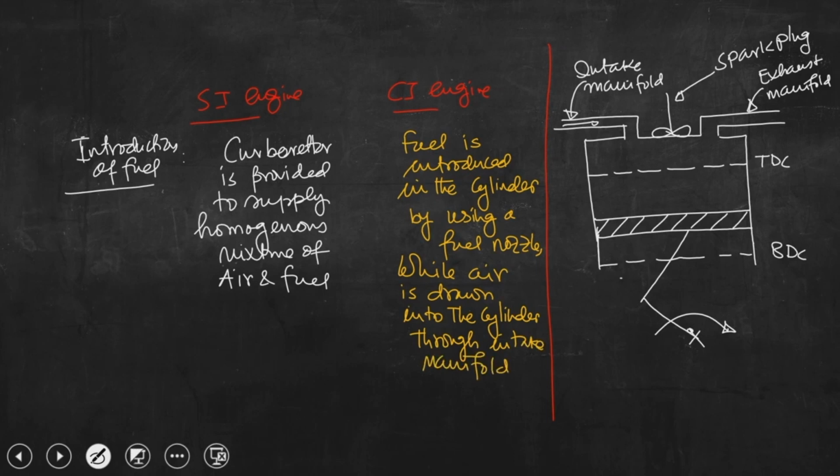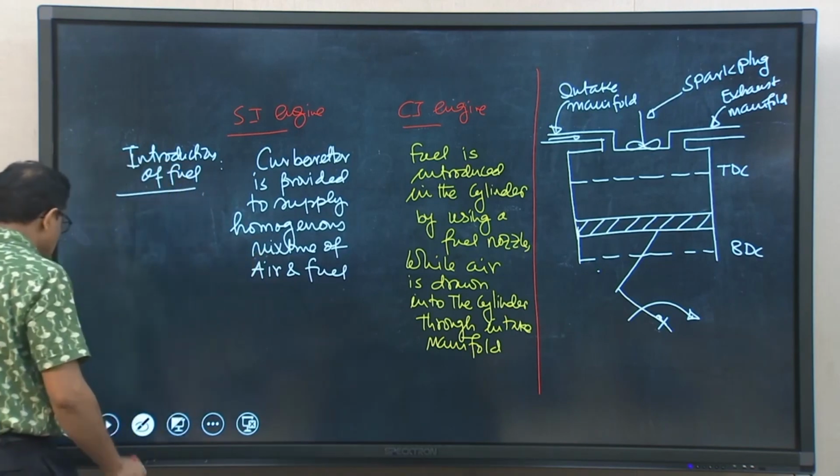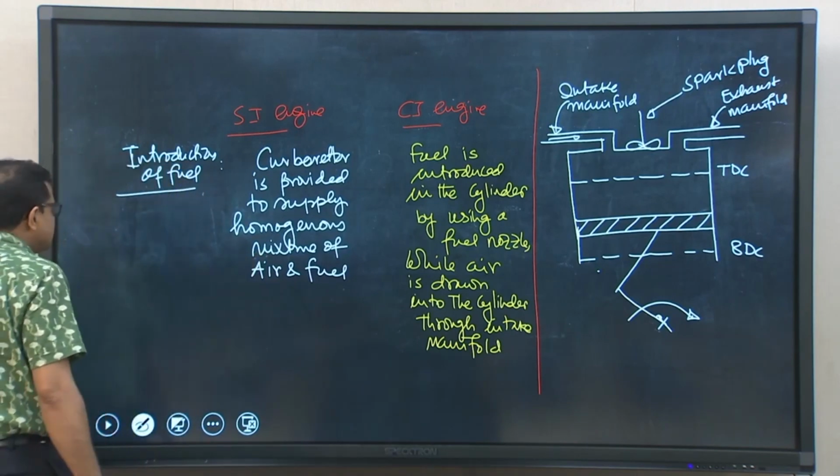So, this is the difference between SI and CI engines when the basis is the introduction of fuel. So, we are trying to figure out the fundamental differences. Next is the ignition system.